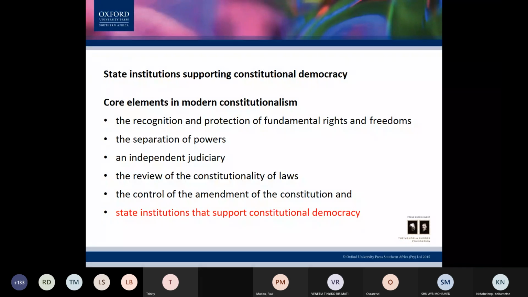So the IEC forms part of these institutions, meaning its significance in promoting, strengthening and sustaining constitutional democracy forms part of the broader goal of achieving constitutionalism and a very vibrant constitutional democracy.